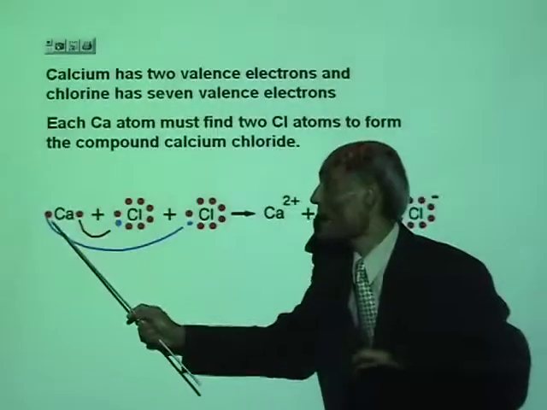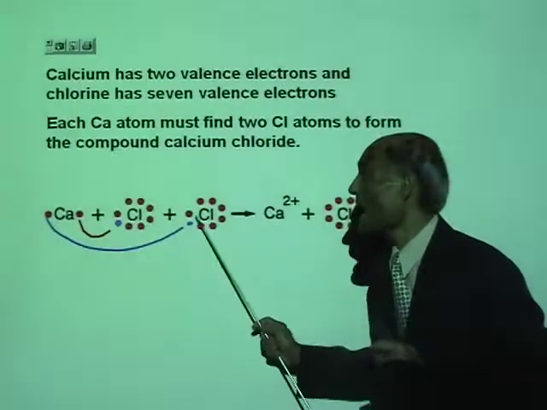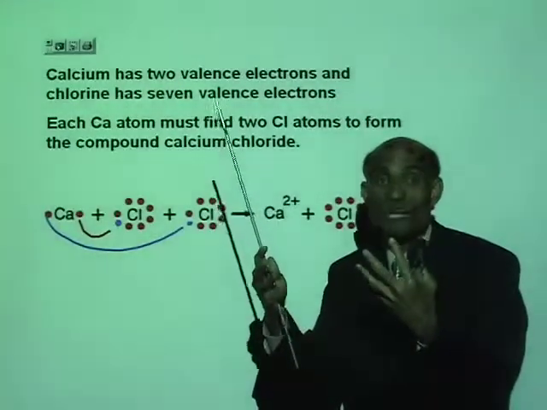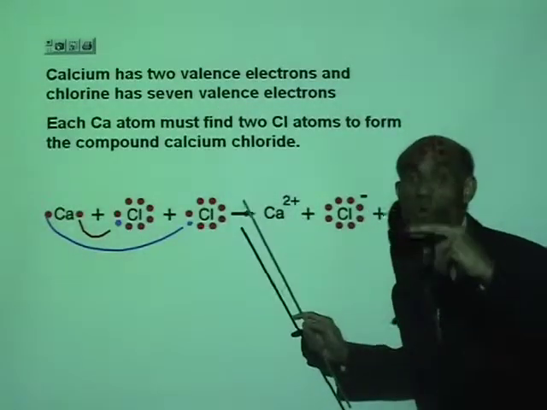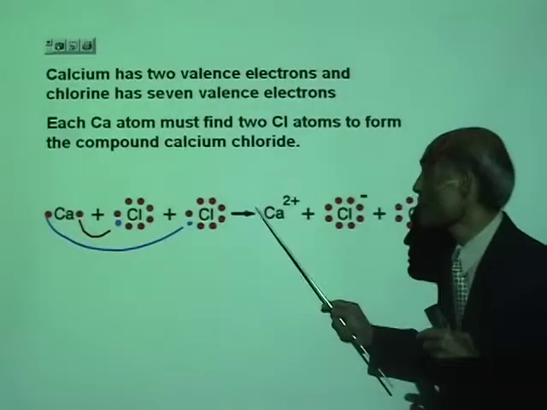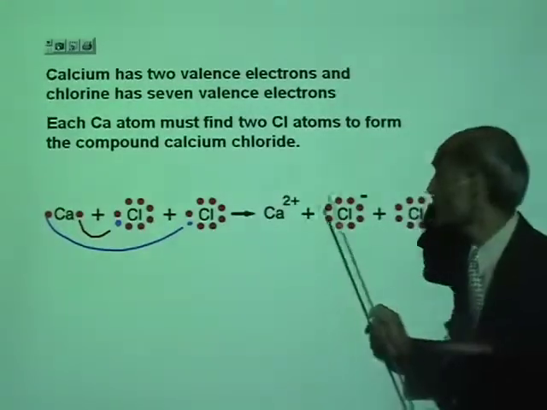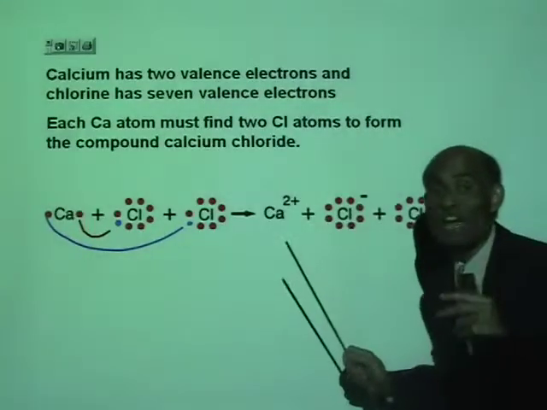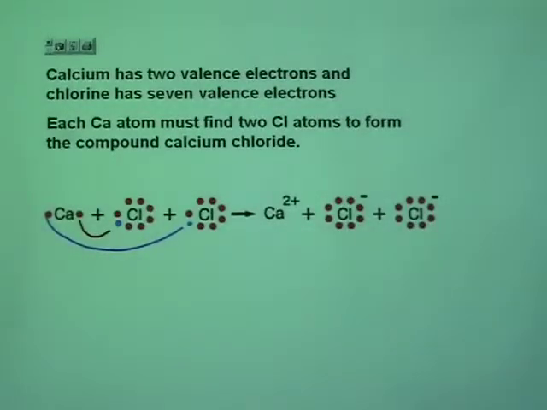So a calcium atom coming together with 2 chlorine atoms, after their exchange, what's the result? The result is calcium that has 2 positive charges. A calcium ion that carries 2 positive charges, and 2 chlorine ions, each carrying a negative charge. That is the result of this exchange.